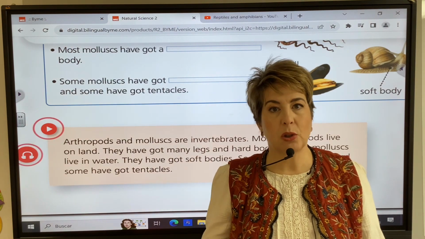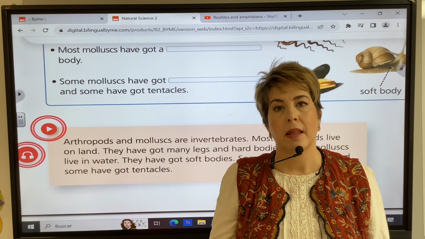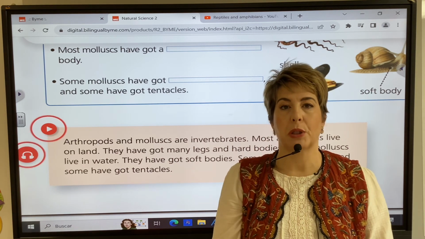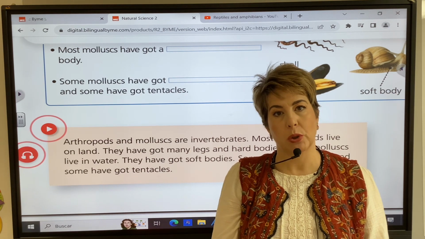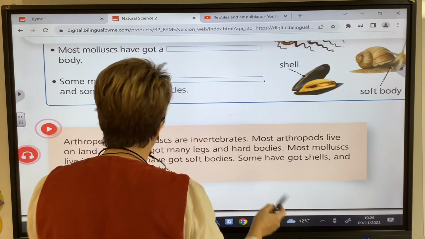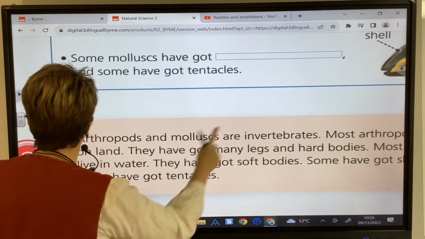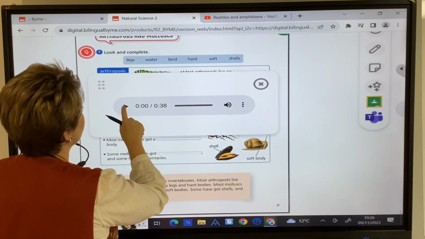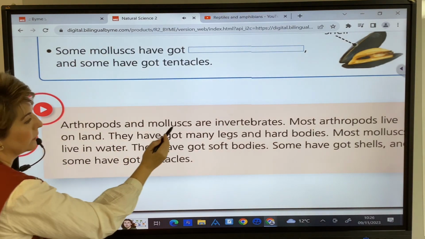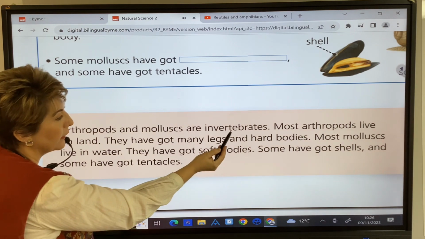Listen to the last group of animals that we are going to study. They are invertebrate animals, and we are going to study 2 groups, arthropods and mollusks. This is the summary of the unit that you've got at page 17. Arthropods and mollusks are invertebrates.